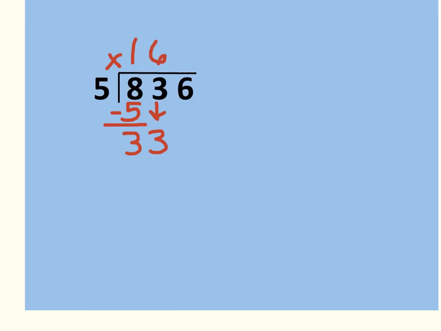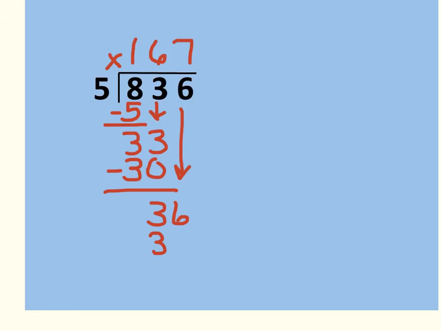That number is 6. 5 times 6 is 30. I subtract, leaves me with 3. I bring down the 6. Now 5 times what number up top gets me close to 36 without going over? And that number is 7. 5 times 7 is 35, gets me really close, but I have a remainder of 1.